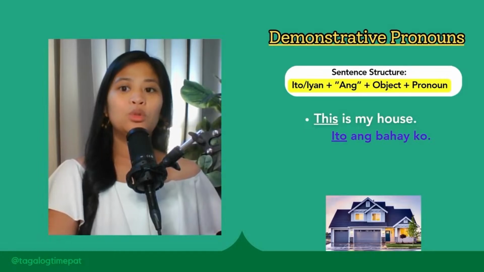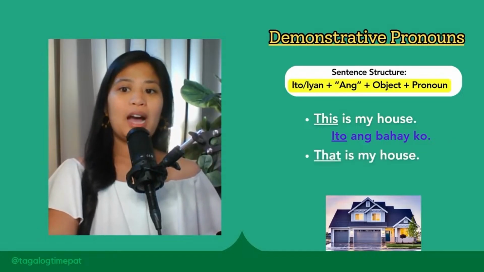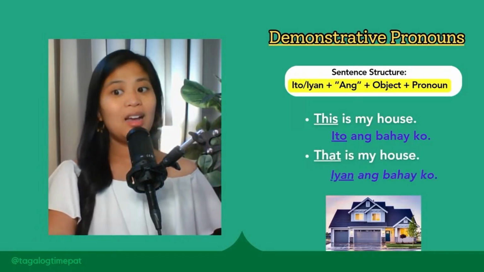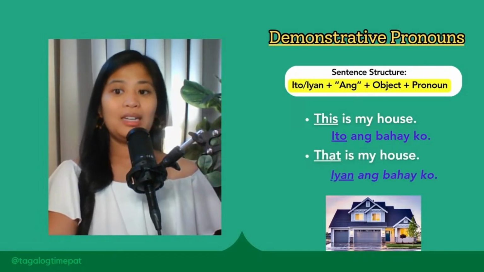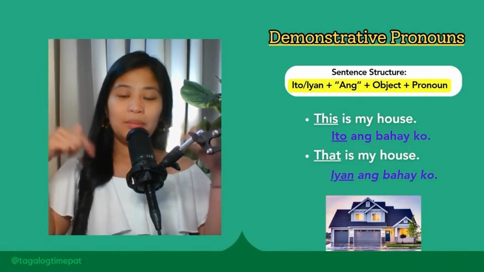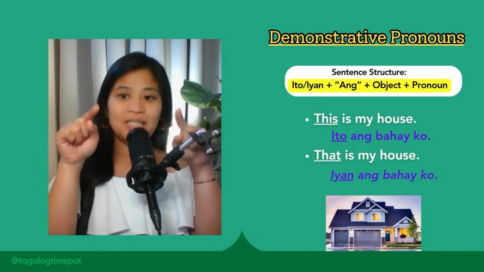So ito goes first, then it's the word ang, then it's bahay, and then it's the pronoun. That is my house would be iyan ang bahay ko. So ito means this, iyan means that.